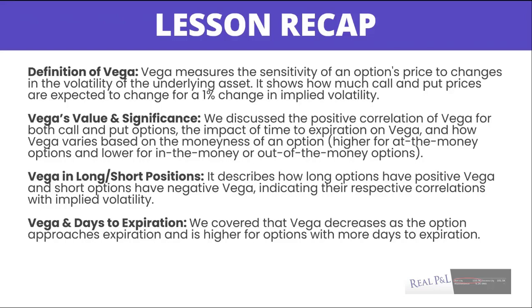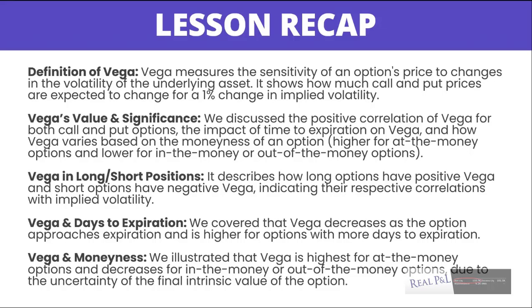We covered that Vega decreases as the option approaches expiration and is higher for options with more days until expiration in general. Vega and moneyness. We illustrated that Vega is highest for at the money options and decreases for in the money or out of the money options due to the uncertainty of the final intrinsic value of the option.